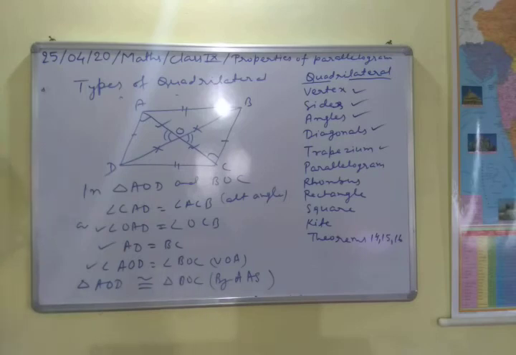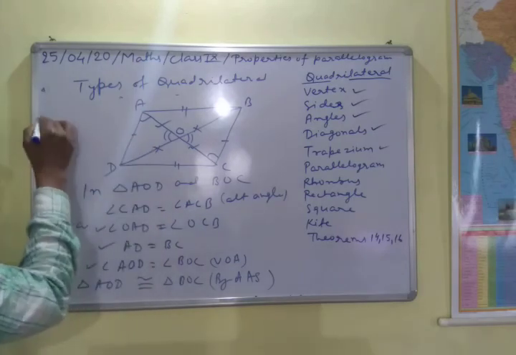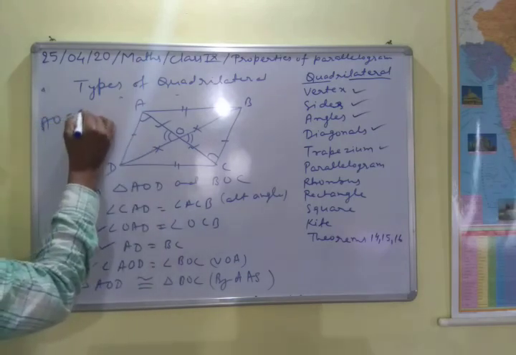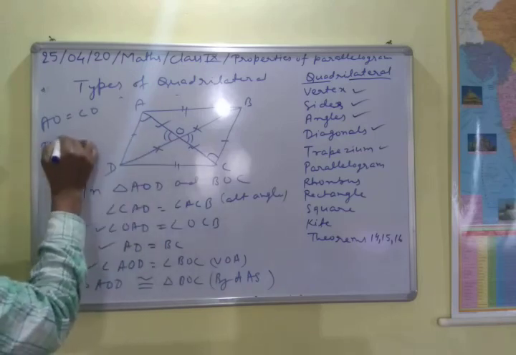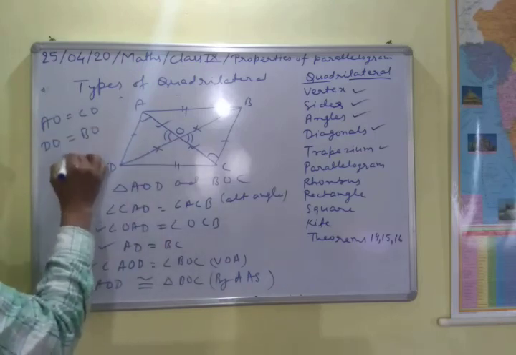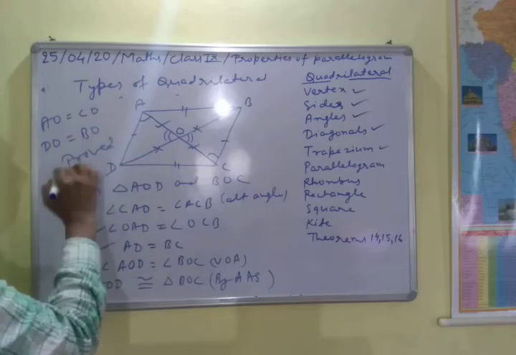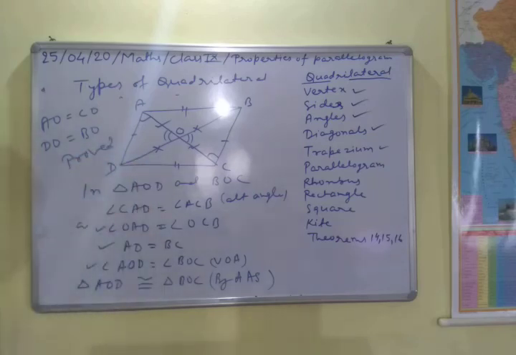Therefore we can write that AO equal to CO, and DO equal to BO. So this is proved. This is the statement of theorem 15: in any parallelogram, the diagonals bisect each other.